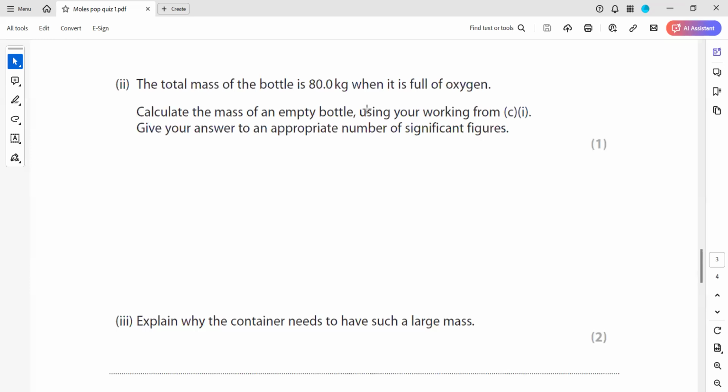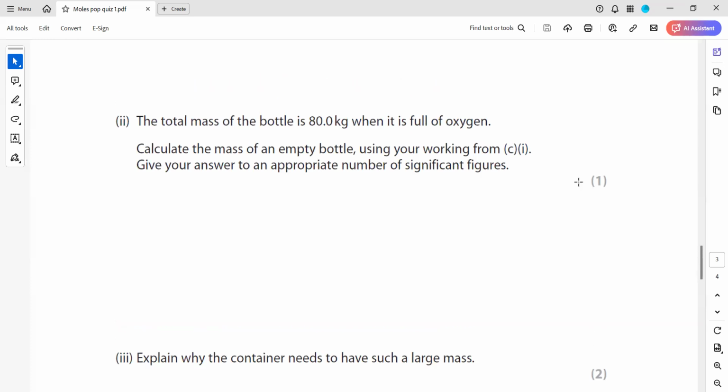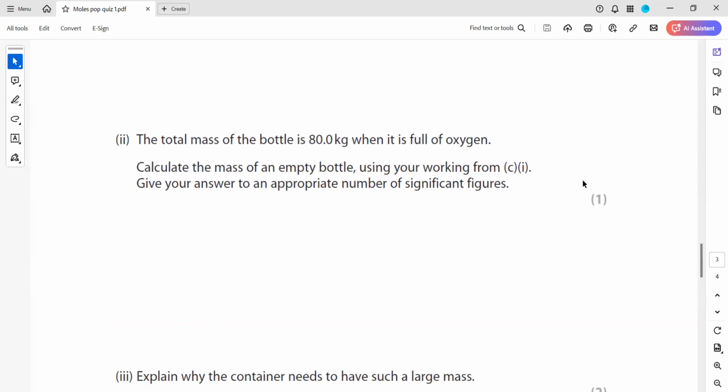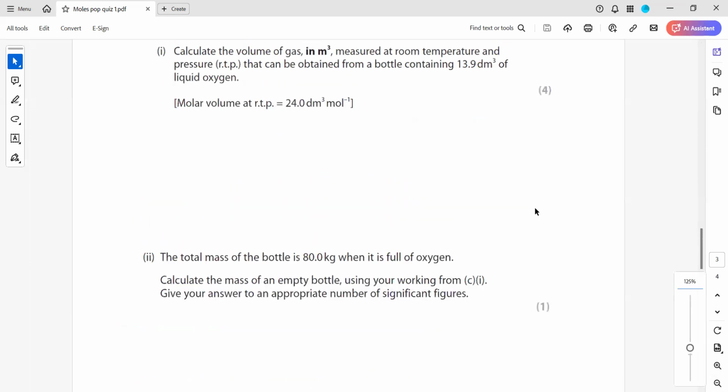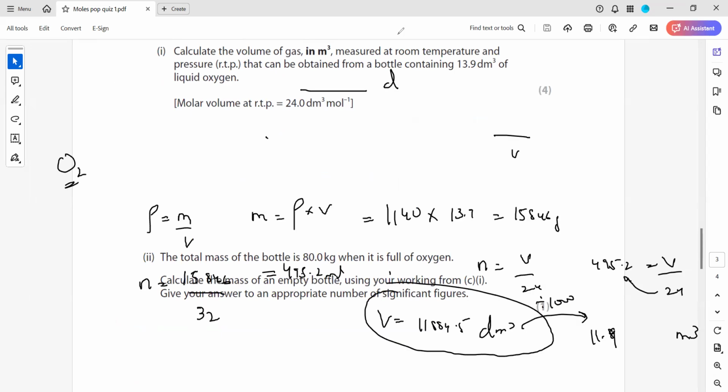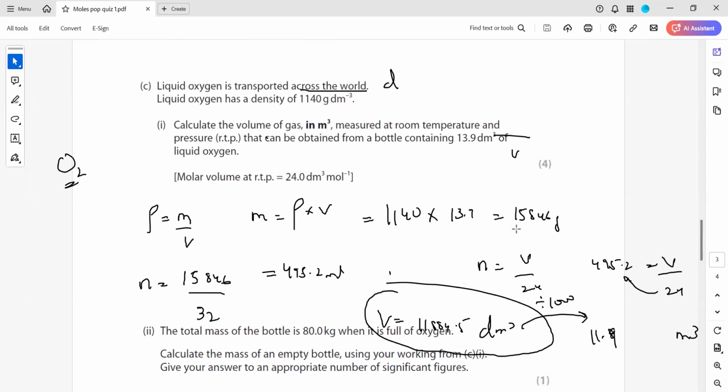Next is the total mass of the bottle is 80 kg when it is full of oxygen. Calculate the mass of an empty bottle using your working to C1 and give your answer in appropriate number of significant figures. So if you see the previous part, we already worked out the mass was 15,846 gram. This was the mass in gram.